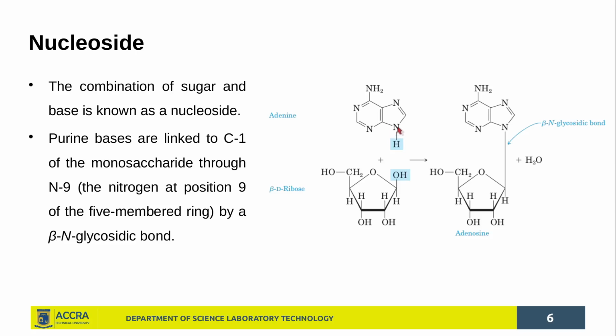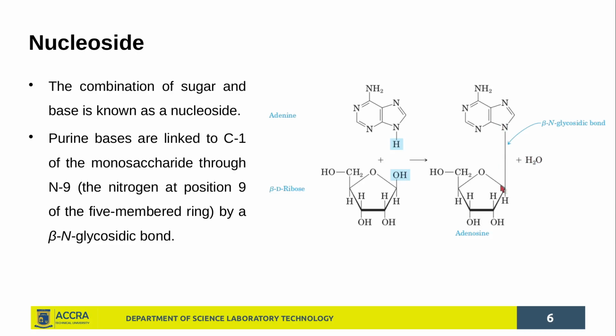So for purines, the N at the 9th position has this shaded hydrogen, the reactive hydrogen, and this is what reacts with the hydroxyl group on carbon number 1 of the pentose sugar to form a glycosidic bond between the sugar and the nitrogenous base. So in purines, the hydrogen on N9 is reactive with the hydroxyl group, giving out water, and then a glycosidic bond is formed.